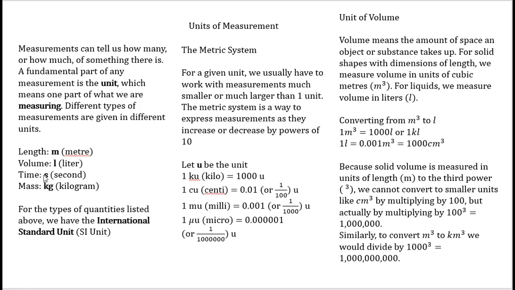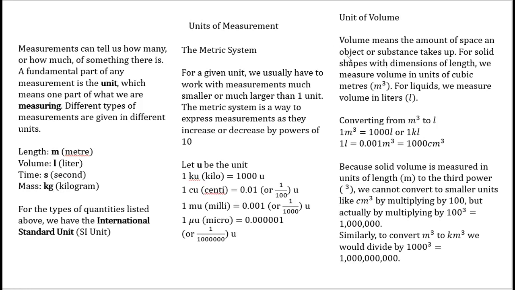We know that 60 seconds make up a minute, and 60 minutes make up an hour, and 24 hours make up a day, my bad. And in mass, we have micrograms, milligrams, then kilograms, right?